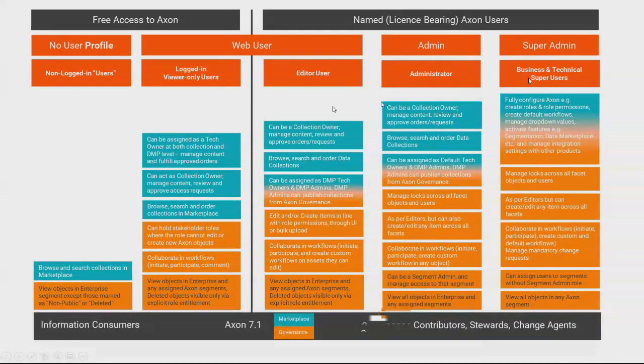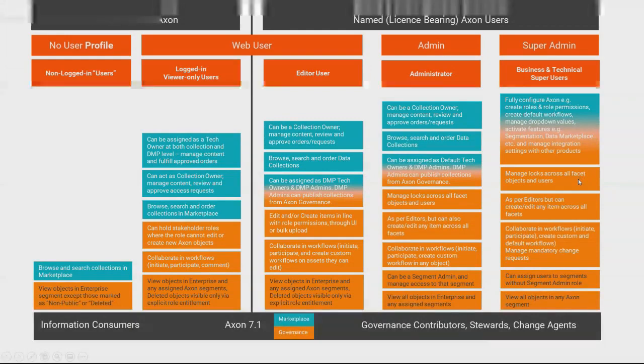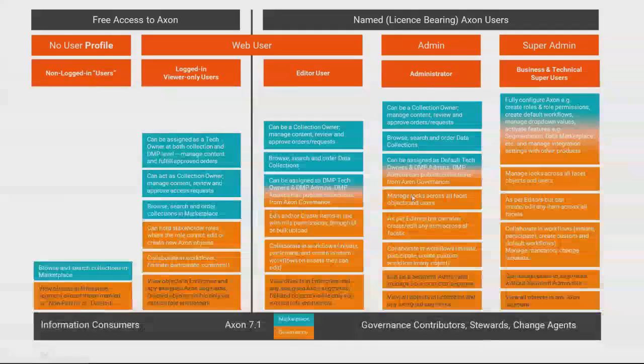Whereas the admin and super admin, of course, have the higher privileges of managing the overall segments in case of data marketplace, or managing logs across all the facets of objects and users, etc. Please feel free to reach out to us if you have any further questions on managing the roles in Axon.